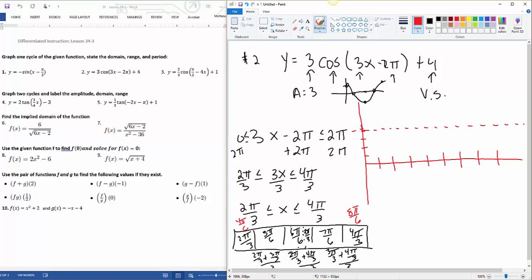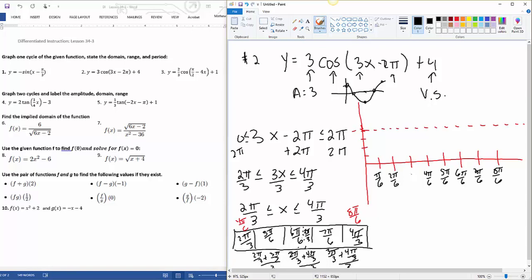So imagine like my x-axis, everything shifted up 4 spaces. So I'll go ahead and label this. So this is going to be, what is this? pi 6, 2 pi 6, 3 pi 6, this is 4 pi 6, 5 pi 6, 6 pi 6, 7 pi 6, 8 pi 6.